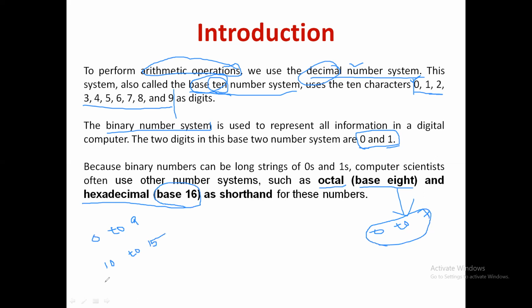Generally capital letters are used, starting at capital A representing the number 10 and ending with B, C, D, E, F. This is going to be F, the 6 digits. The remaining digits are represented using A to F. So overall, 10 digits and 6 alphabets together make up base 16. The total number of digits that we are going to use is 16.